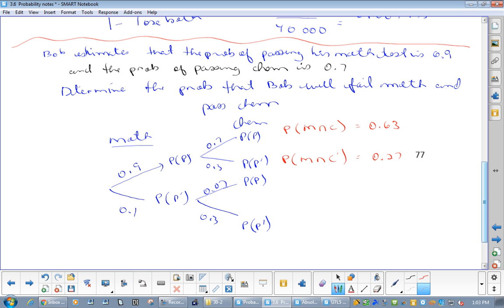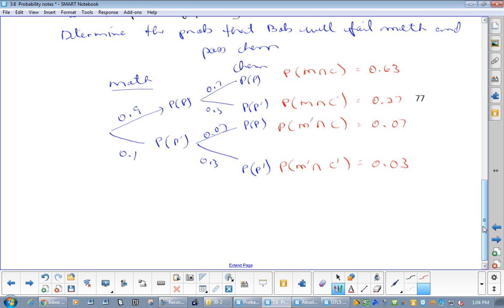Now what's the probability of failing math and passing chem? 0.07. And failing math and failing chem would be 0.03. That's not a good day. Now, if it's independent, add these up. What does it equal? This equals 1. Okay, so that's good.